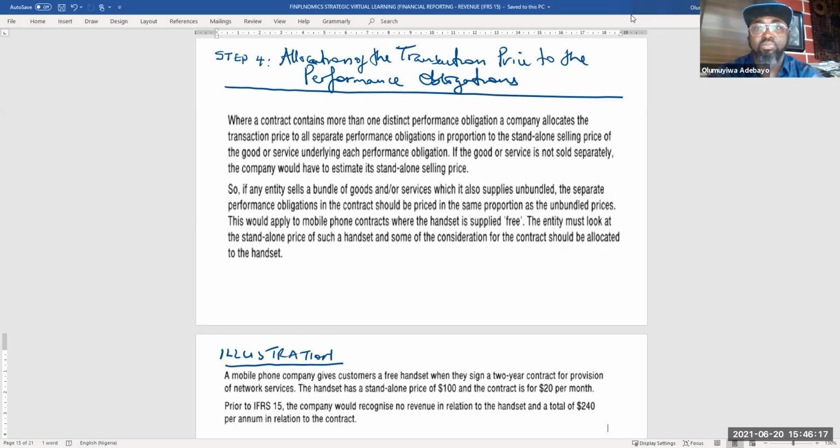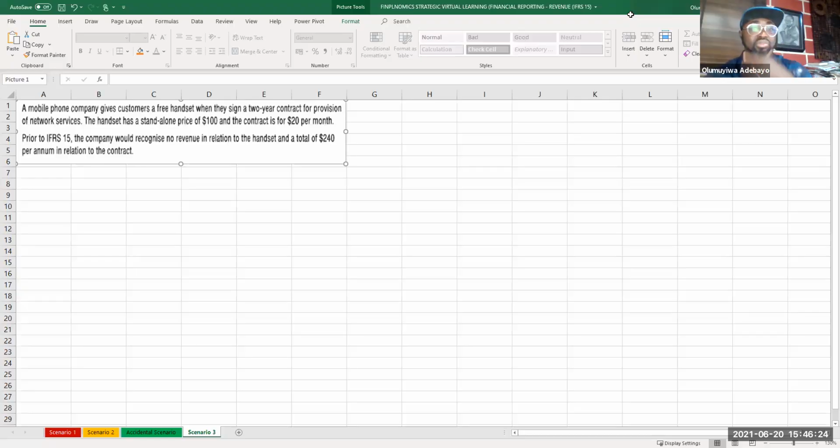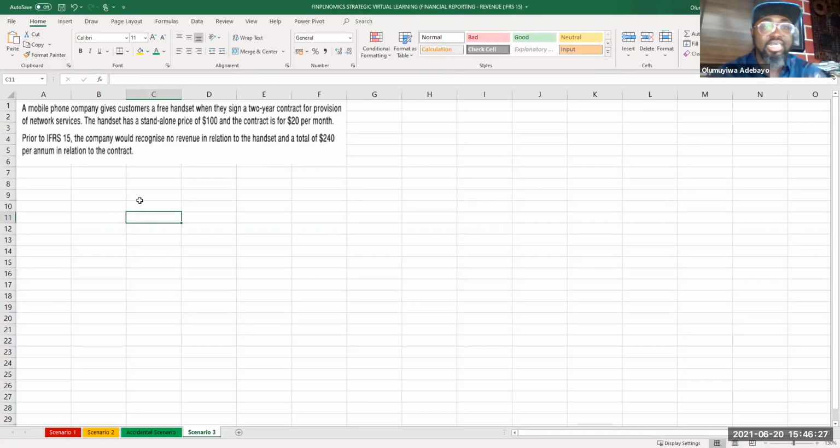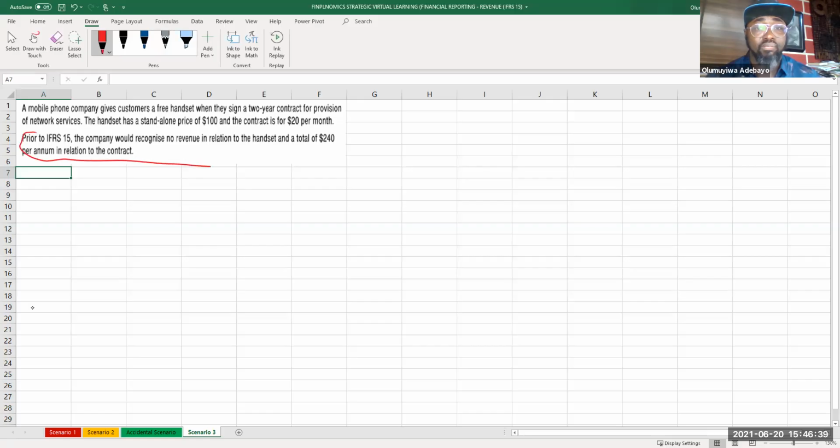Now let's switch to our model. How are we going to attempt solving this? Which means under IAS 18, this accounting would have sufficed. But now, how do we do that?